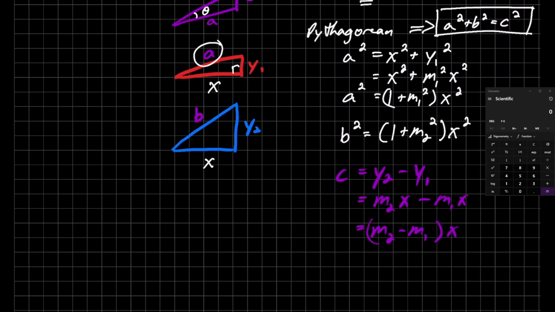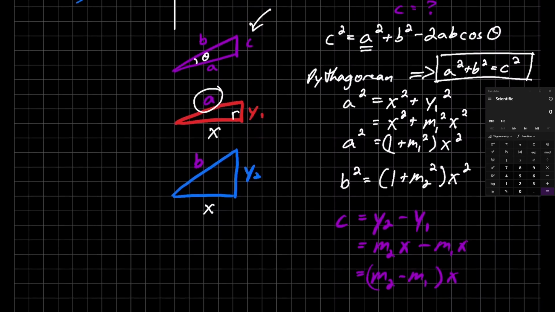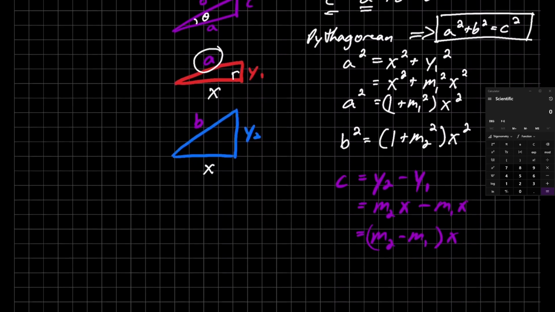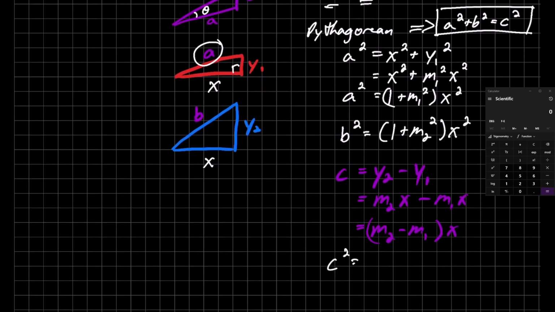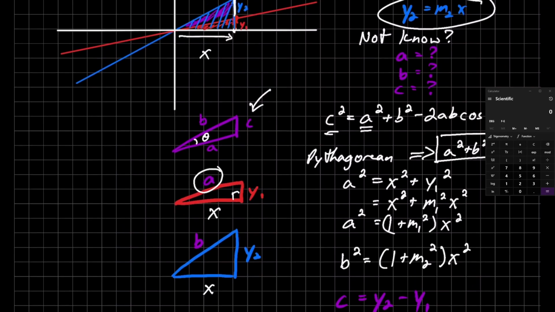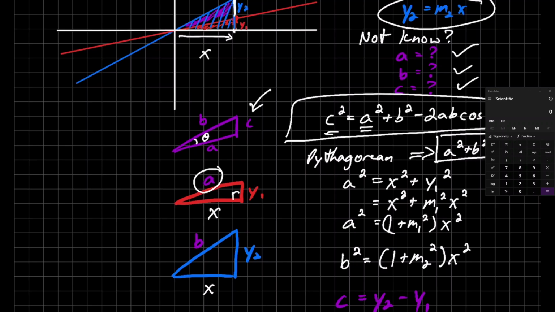So if I wanted to find c squared, which is what comes up in our cosine law, c squared is equal to m2 minus m1 all squared multiplied by x squared. Okay, so now we know A, we know B, and we know C, and we have this relationship.